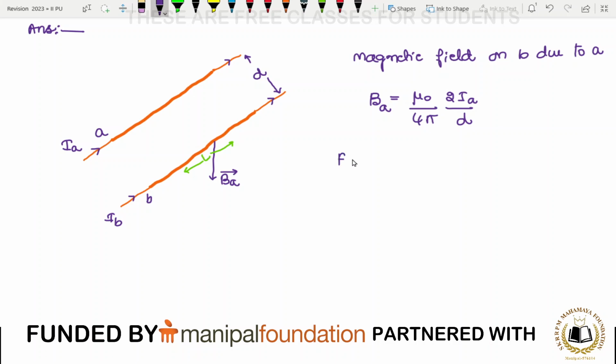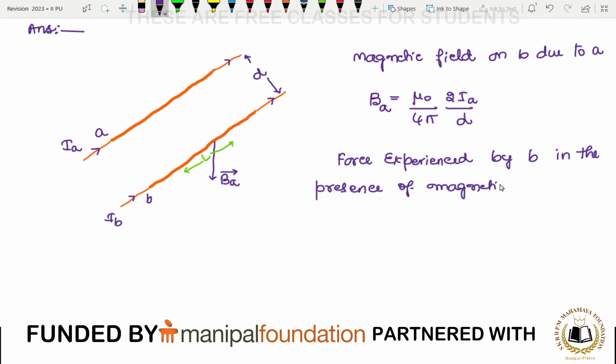So we'll write the force experienced by B in the presence of magnetic field BA.